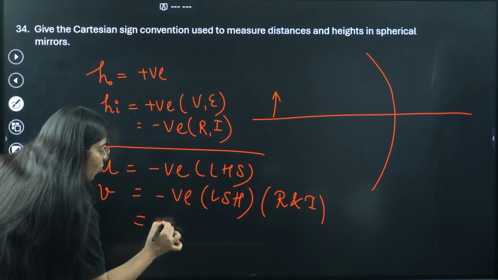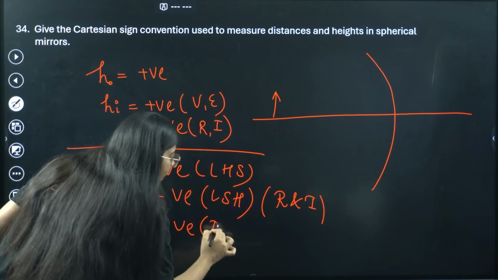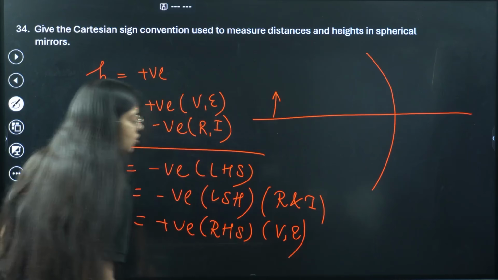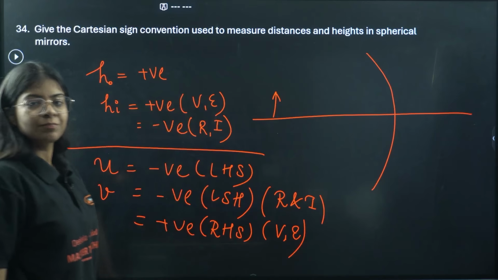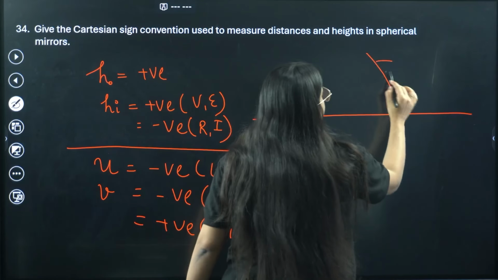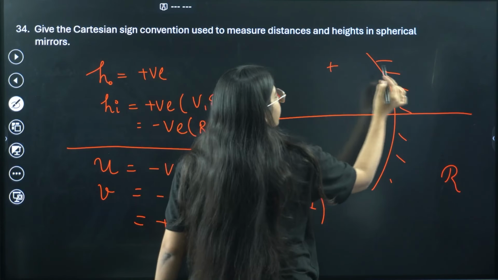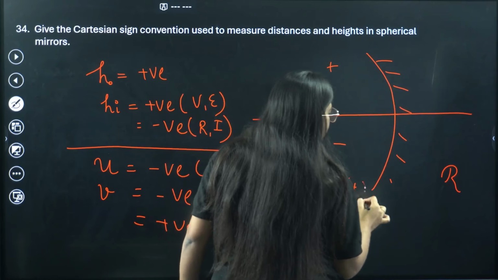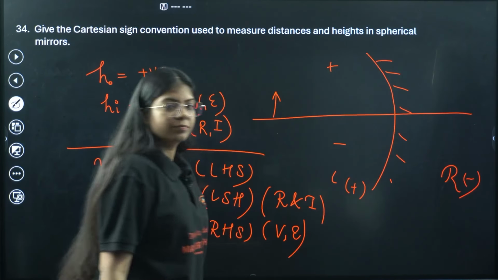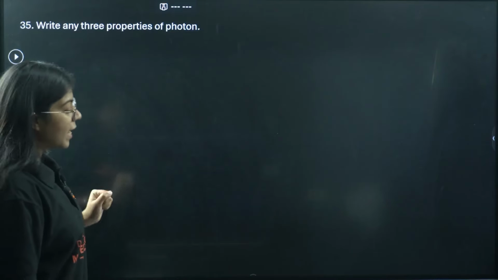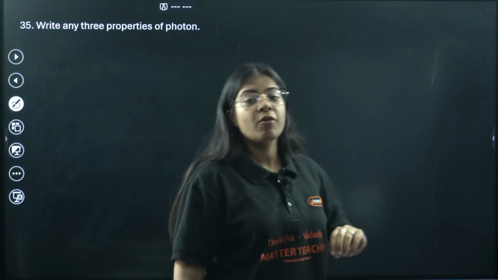And V is positive for the right hand side, correct, for virtual and erect images. Done? That easy? This is my mirror, this is left hand side, negative, and right hand side will be positive. Correct? Understood? Very easy.